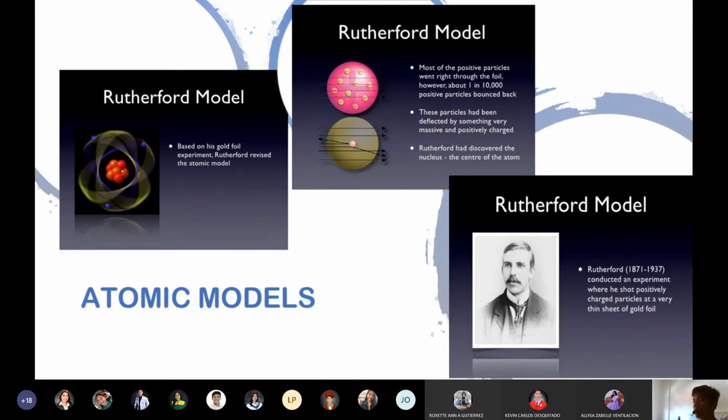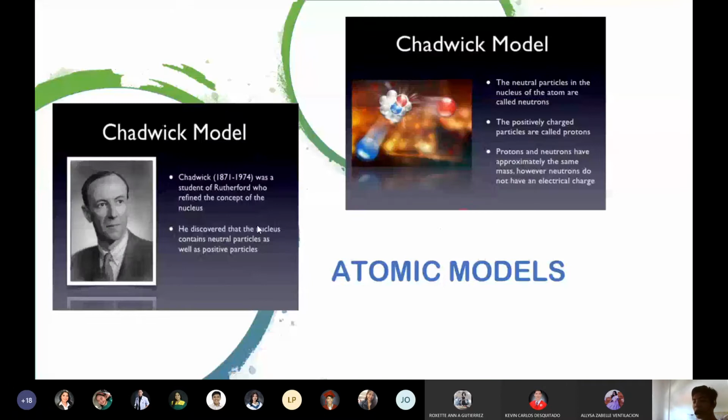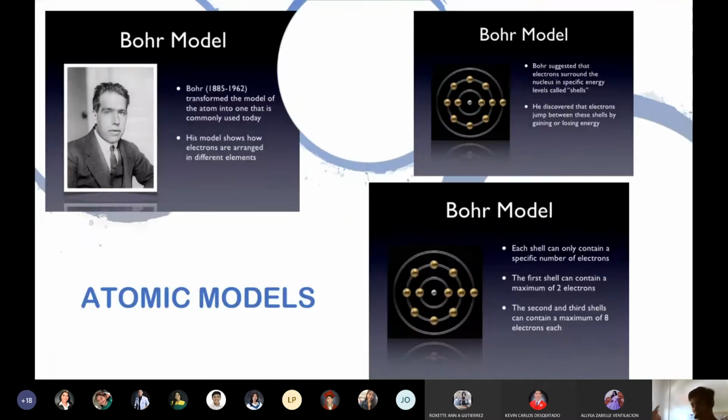The idea was further discovered or revisited by Chadwick, in which yung nucleus daw, he found out that it's composed of neutrons and protons. Neutrons being neutral charged particles and protons being the positively charged particles. Then Niels Bohr approach is about, again, the atomic orbitals. I mean the shape of the atoms.